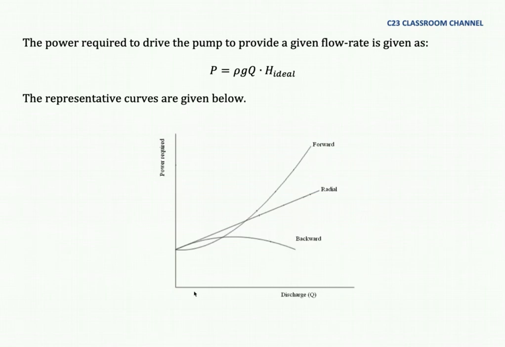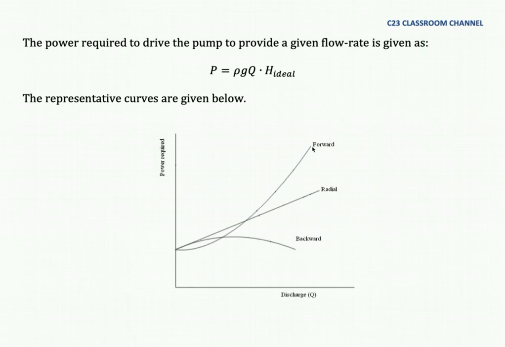So it means that if we increase the discharge, for the backward, the power does not change by much. But for radial, if you increase the discharge, the power required to operate that pump will increase too.